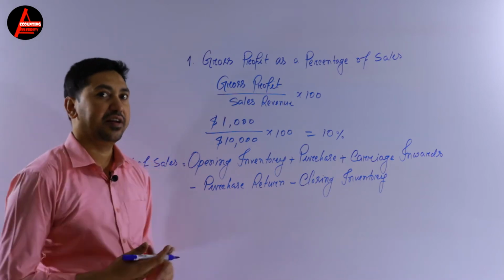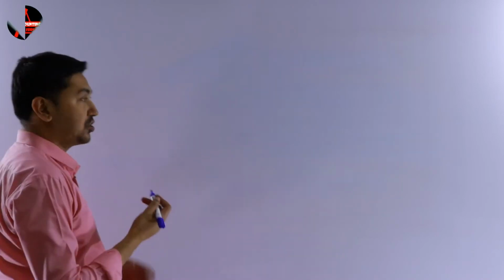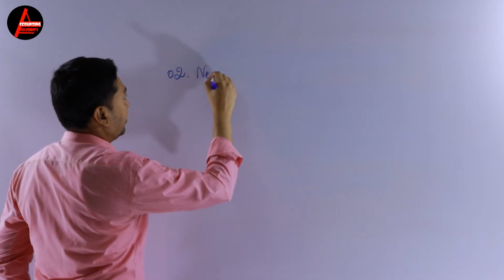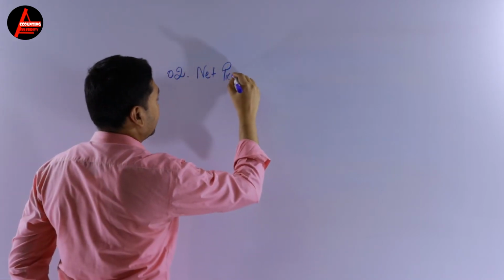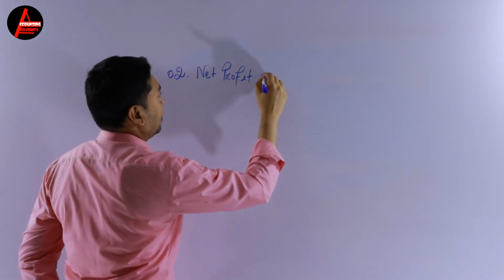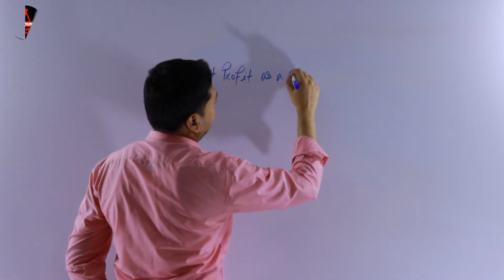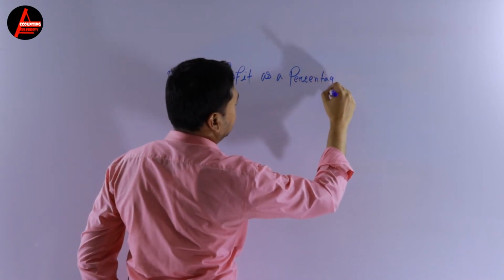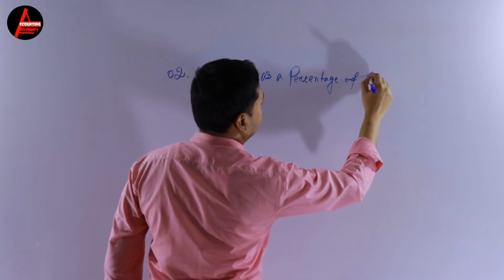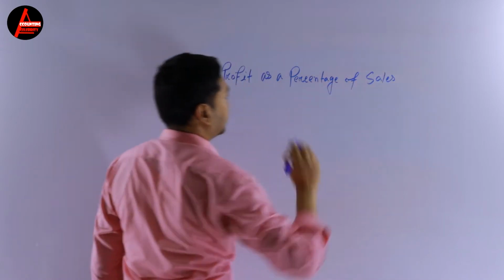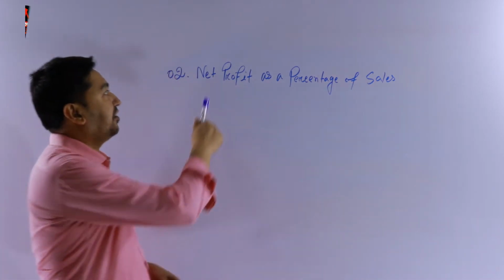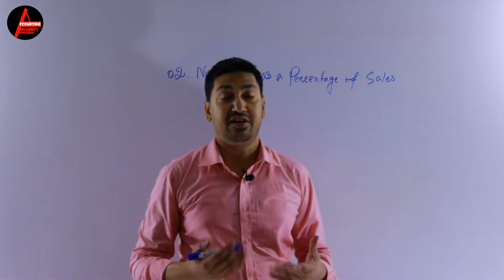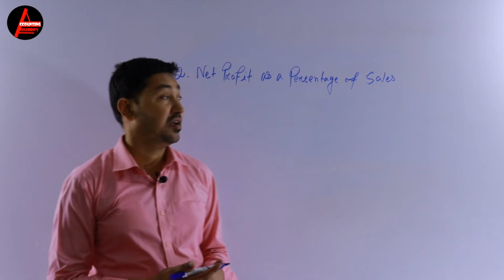Let's go to the next one, number 2. Net profit as a percentage of sales. Net profit is also called profit for the year. You already know it is profit for the year.